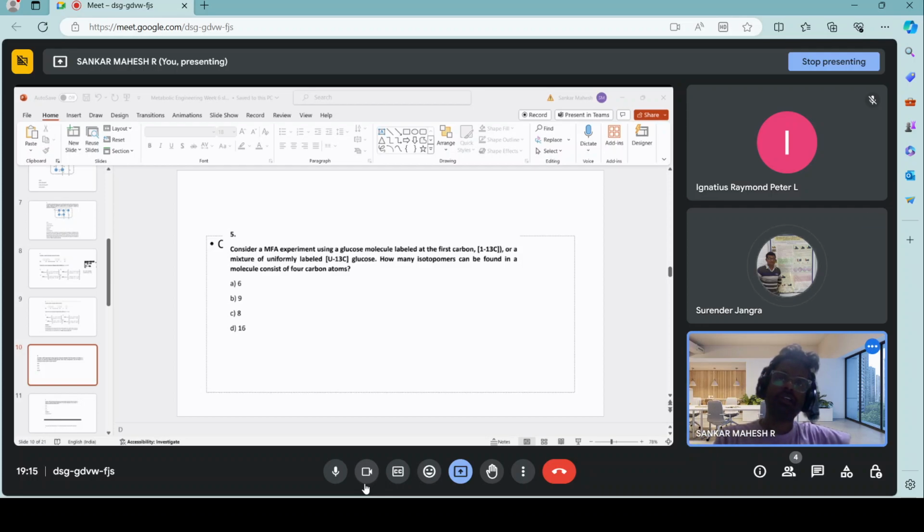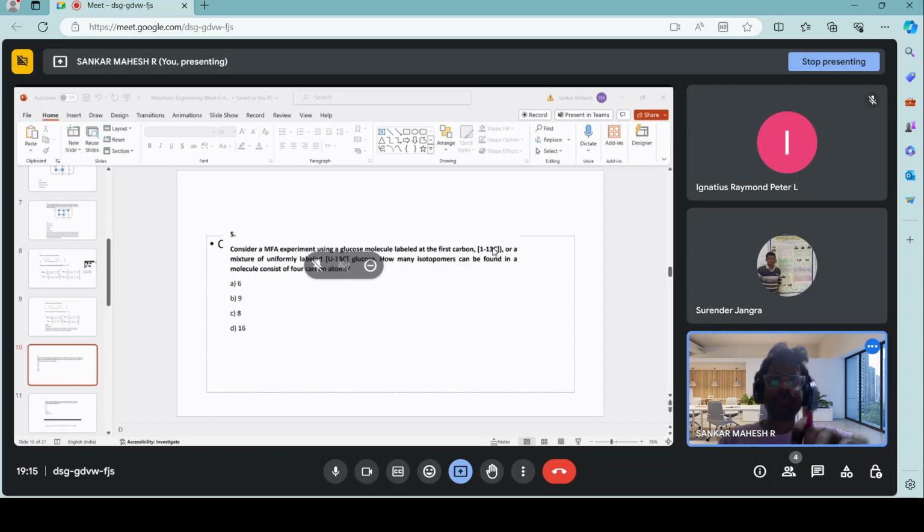So independent of the labeled substrate, it will only have 16 different isotopomers. And this uniformly labeled glucose would give rise to all the 16 isotopomers. So there itself, we have reached the answer.